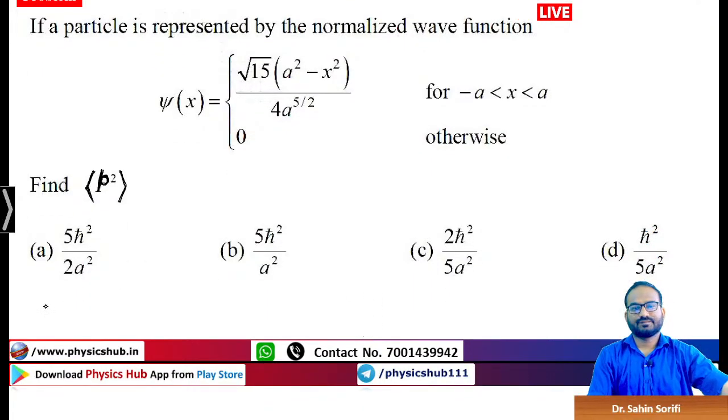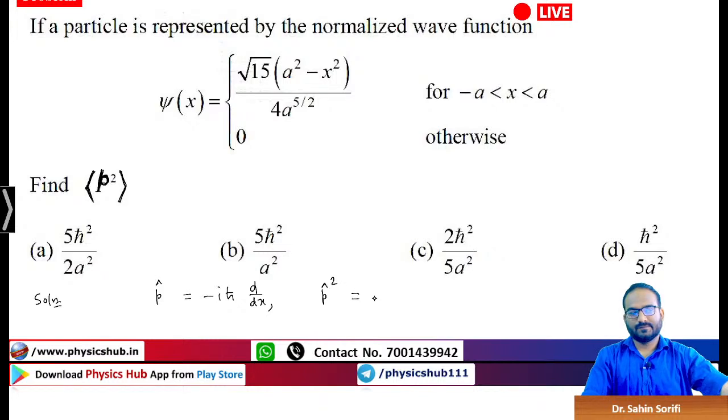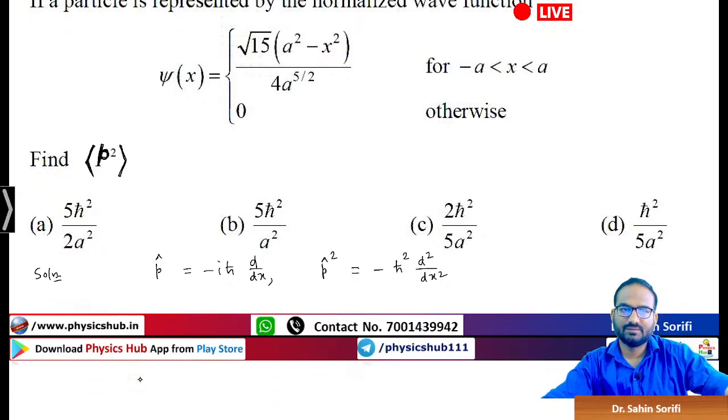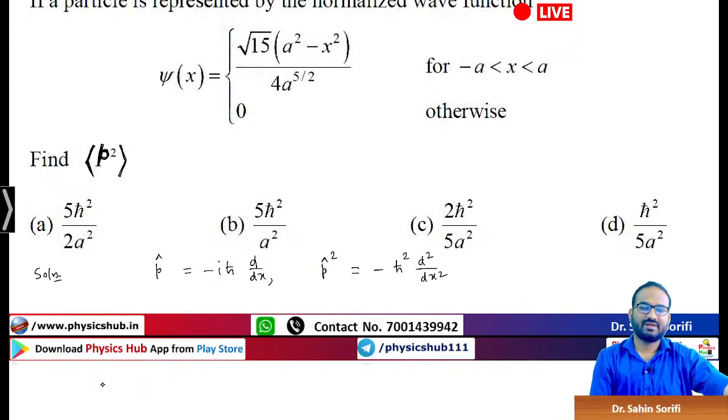Look, if I write the operator p as minus i h cut d dx, then p square will become minus h cut square d square upon dx square. So what is the expectation value of p square?